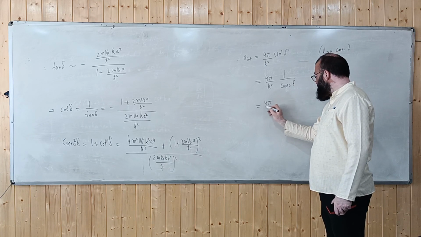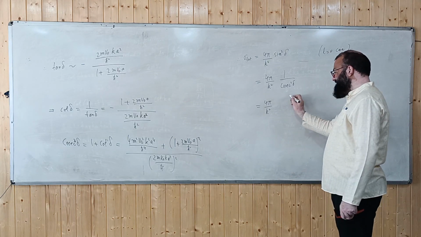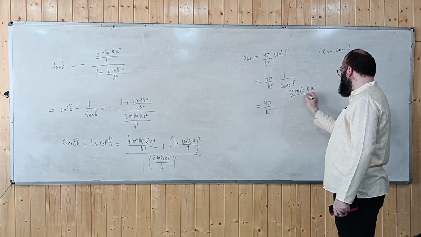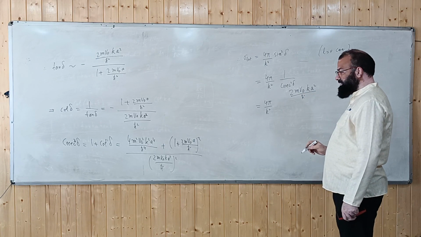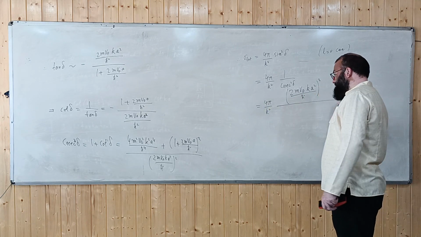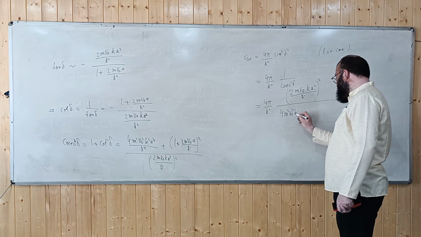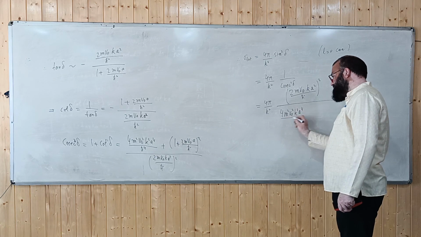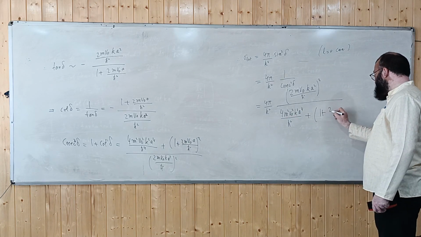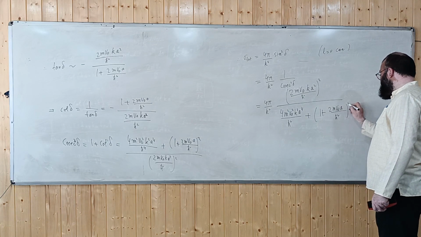So it is 4 pi by k square, 1 by, let's write it, twice m v naught k a square by h cross square. It's 1 by cosec, that means I have to invert it. Whole square divided by 4 m square v naught square a square a raised to the power 4 divided by h cross square, plus 1 plus twice m v naught a by h cross square whole square.